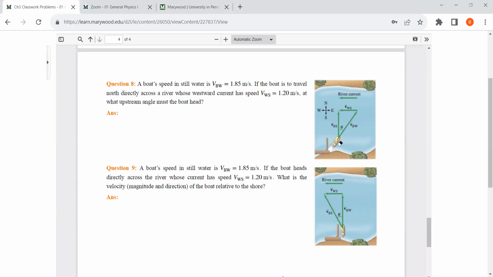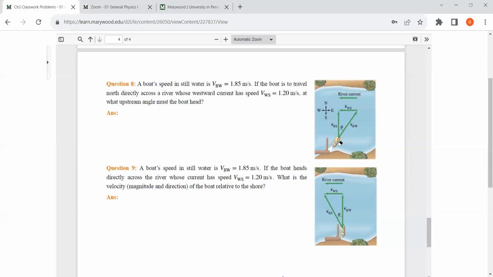Here the first question says that a boat's speed in still water is 1.8 meter per second. If the boat is to head directly north across a river whose westward current has speed 1.2 meter per second, at what upstream angle must the boat head?